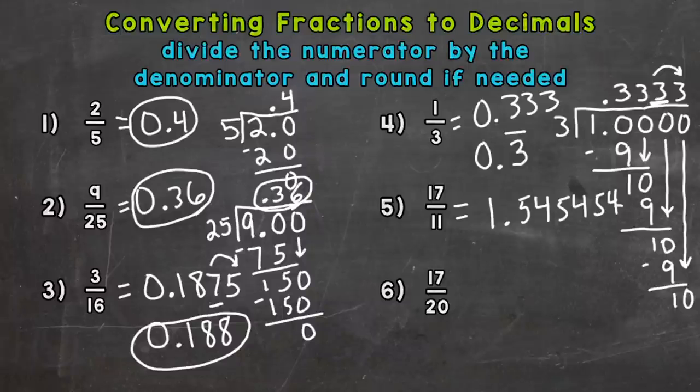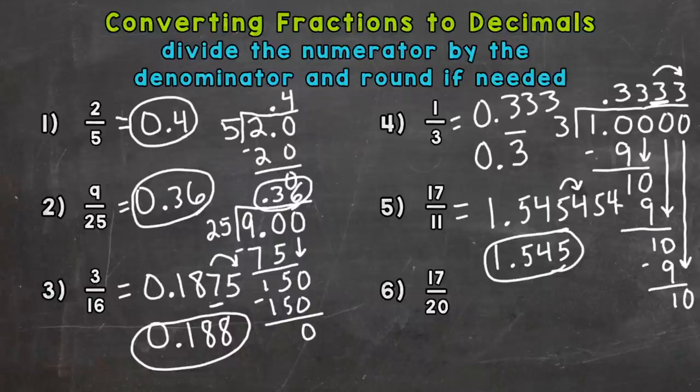So again, we can round to the thousandths. So a 5 there. Look next door. That 4 says stay the same. So our rounded answer would be 1 and 545 thousandths.